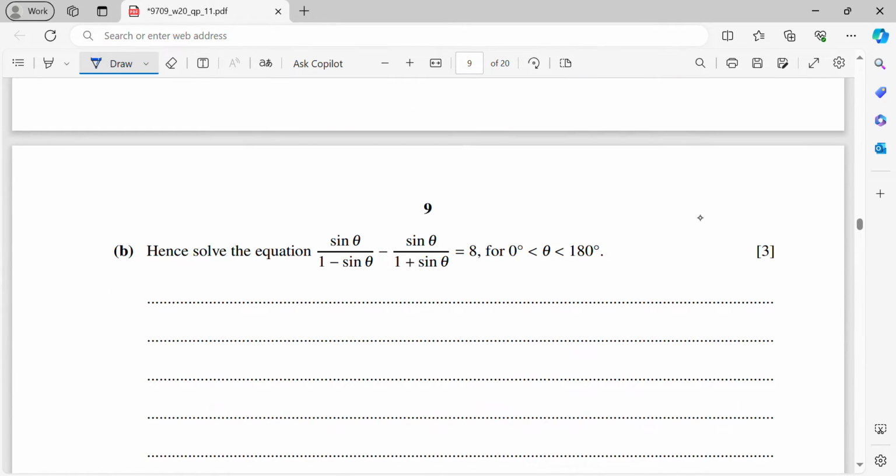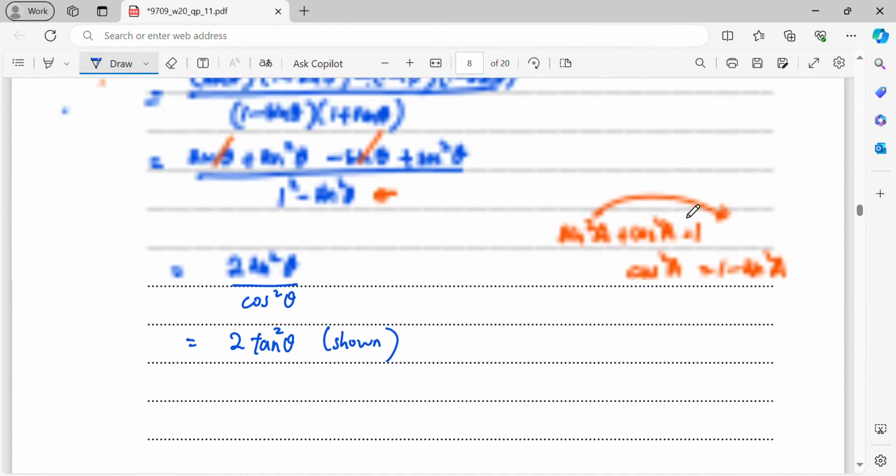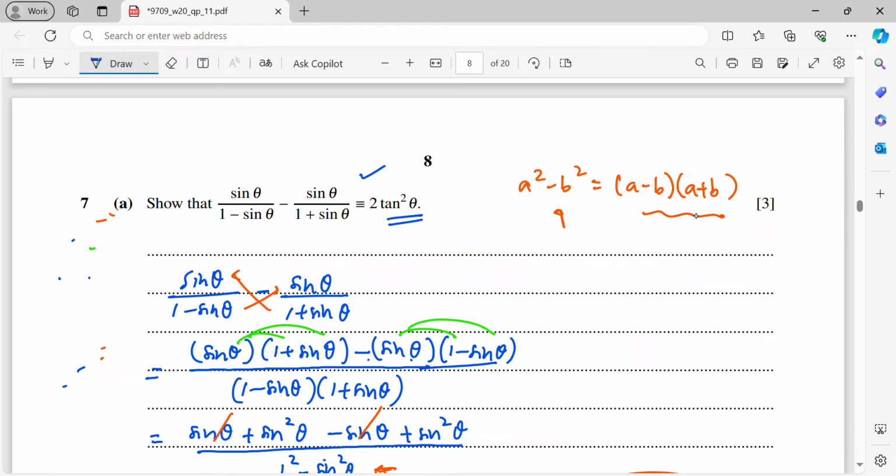Now B, hence. Hence means use the previous answer. Solve the equation. These two terms already simplified just now equals 8, where theta is between 0 and 180 degrees. So here, instead of solving the left side, I will just change to the right hand side.